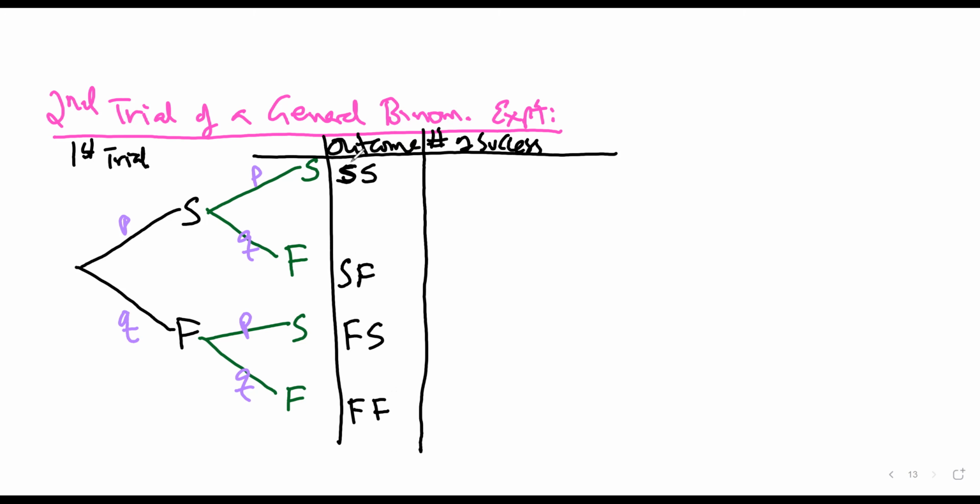So here, you just need to count the number of S's in every outcome. So these are 2 successes. This is 1 success, 1 success, and here there is no success. So this means that your variable X, which denotes the number of successes, will be taking the values 0, 1, and 2.